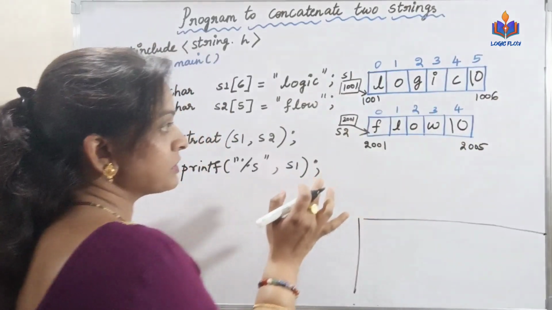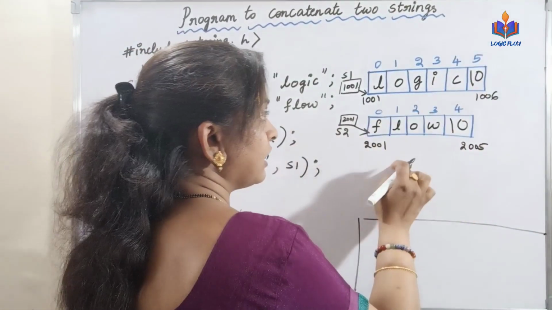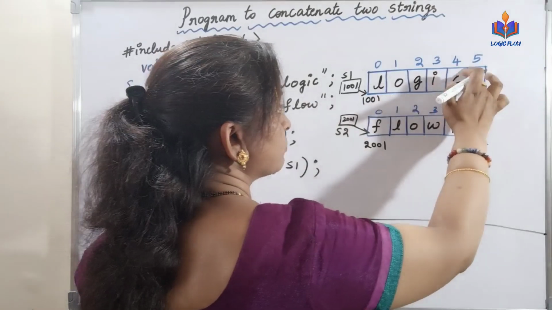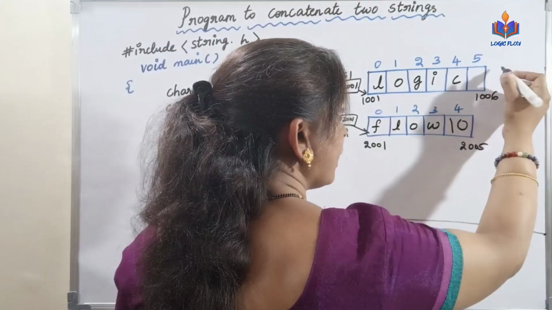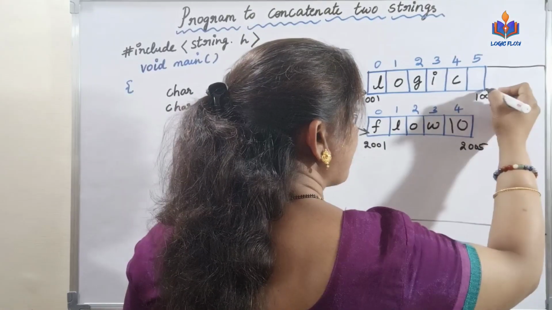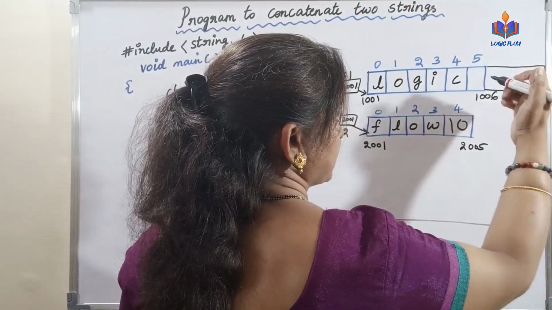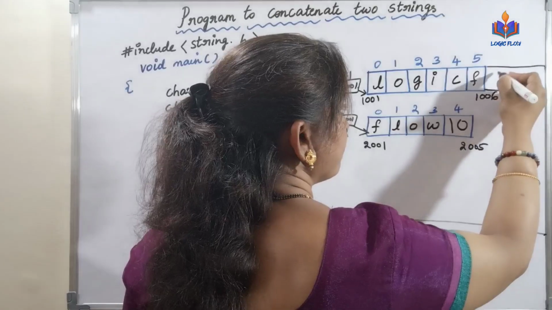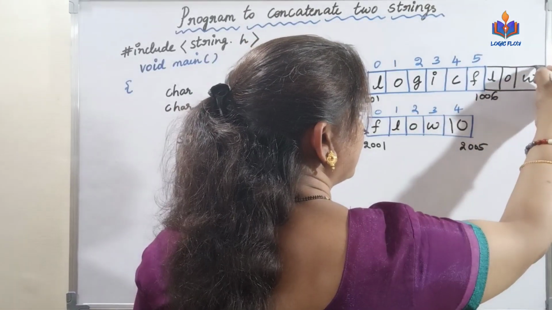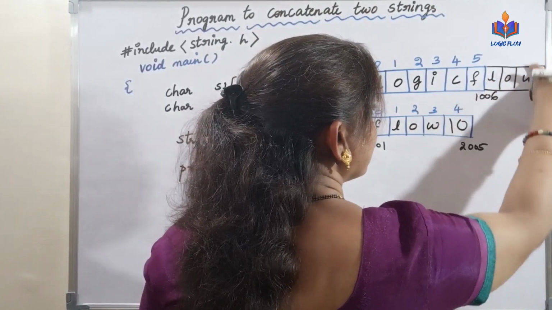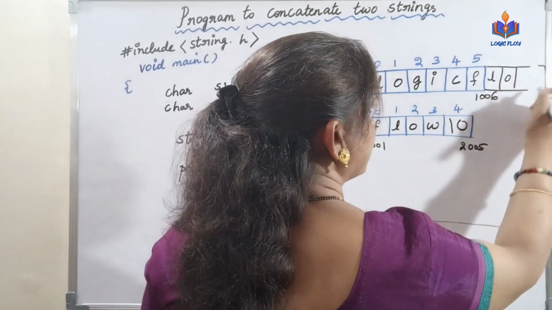So what happens here? I don't have memory, but even then these characters will be concatenated here. It means the other program's memory will be utilized here. So F, L, O, W and then the null character will be appended.